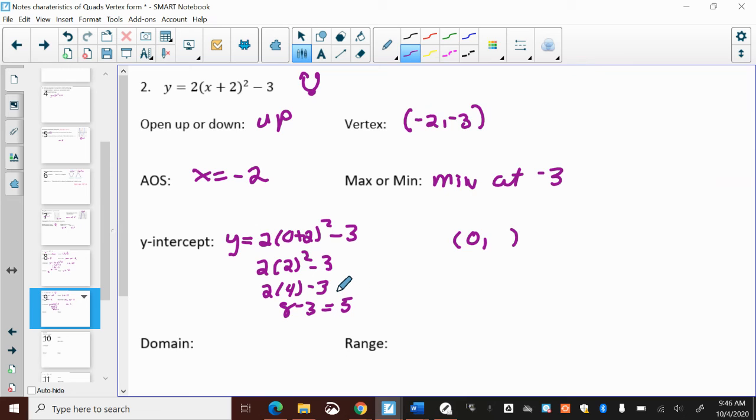I'm getting a value of 5. So there's our y-intercept. Domain is always all real numbers. And range, if we're going up, is above that y value sitting right here. So y is going to be greater than or equal to -3.